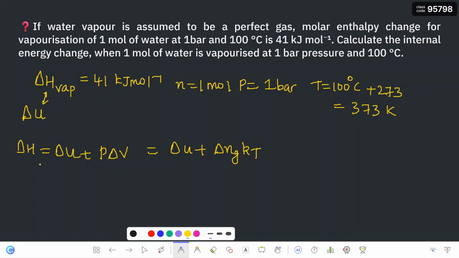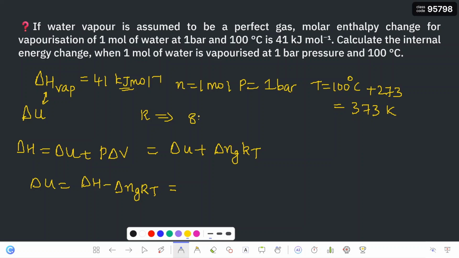So we can calculate delta U. Delta U is equal to delta H minus delta Ng RT. Delta H is given as 41 kilojoule. It is in kilojoule, so if we are taking R in joule, we should convert delta H into joule. So we need to convert the units before calculating.